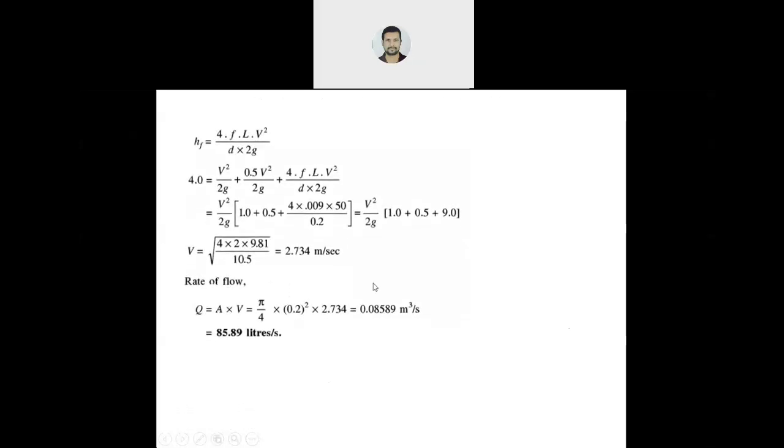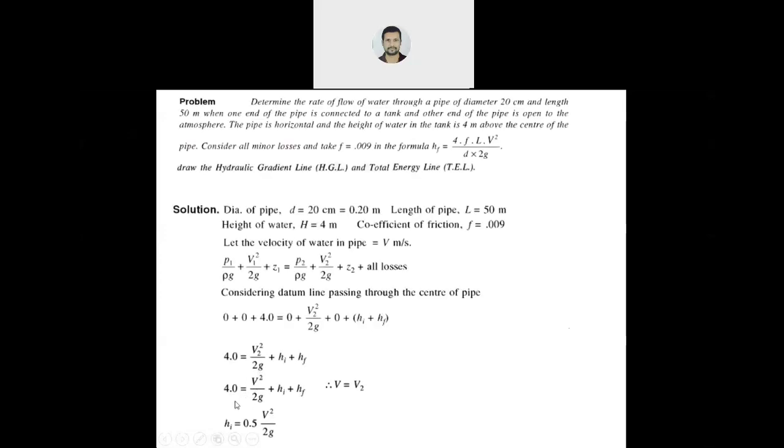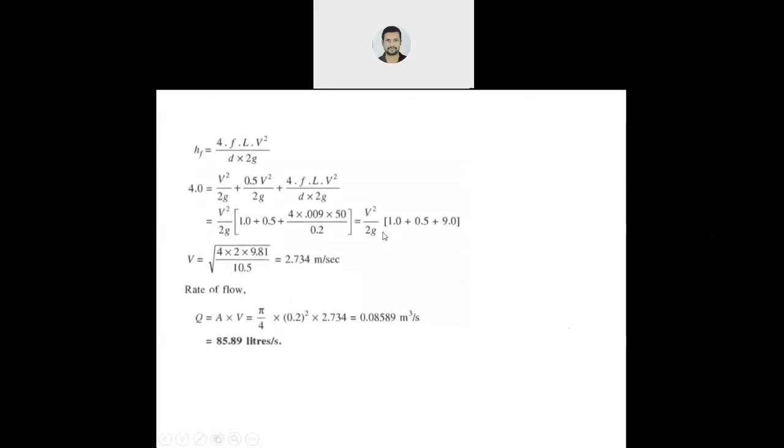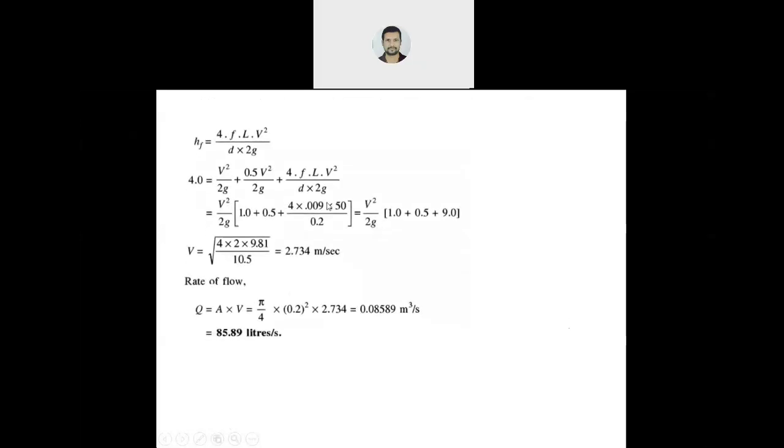And hf is 4flV² by 2dg. Correct? Put the values of hi and hf here. So the equation will convert into 4 equals V² by 2g plus hi, the entrance loss, plus hf, which is the friction loss. Solve it, you will get the value of velocity.